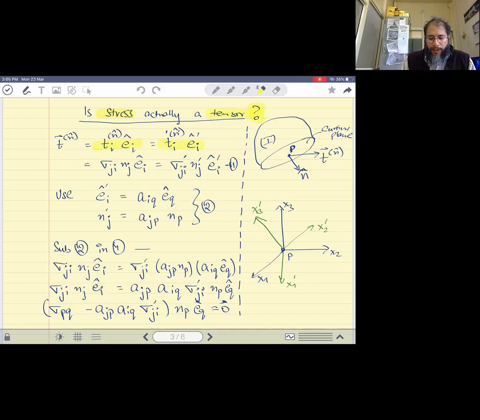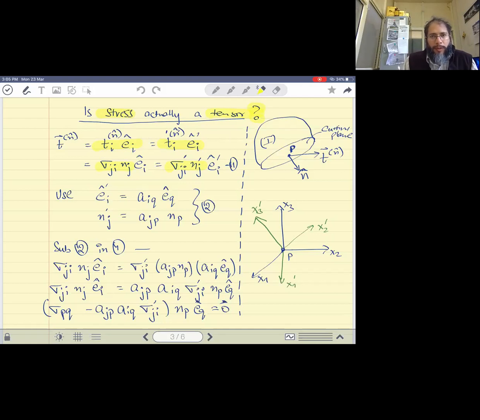Now, as we just saw using the Cauchy stress formula, we can write Ti as sigma Ji Nj. So it simply follows from the Cauchy stress formula. So that's what we do. And again, in the green axis, we can write Ti prime as sigma Ji prime Nj prime. Again, Nj prime is the primed representation of the normal vector.